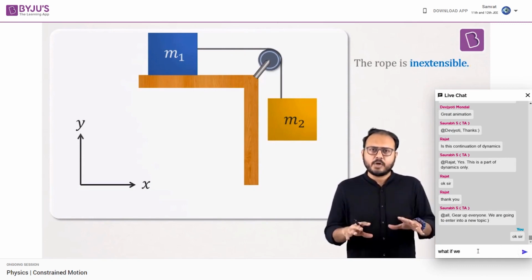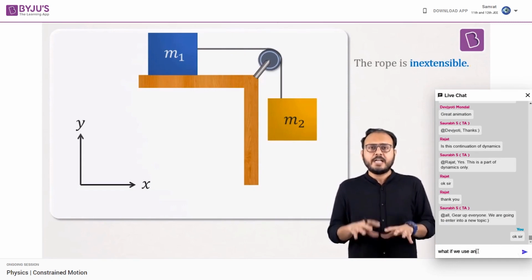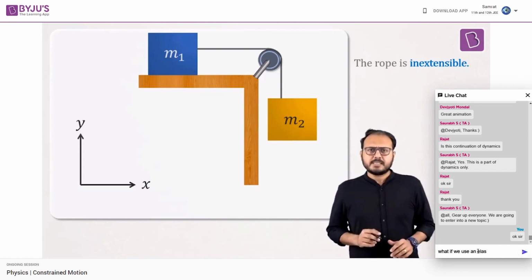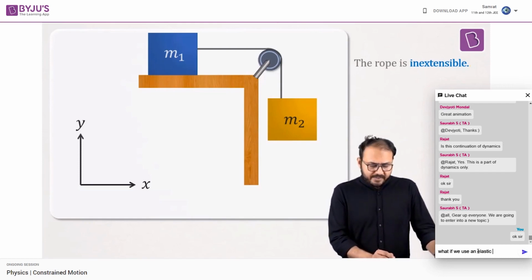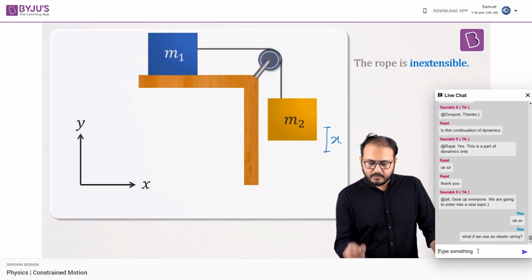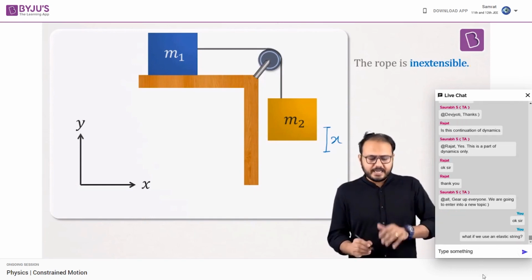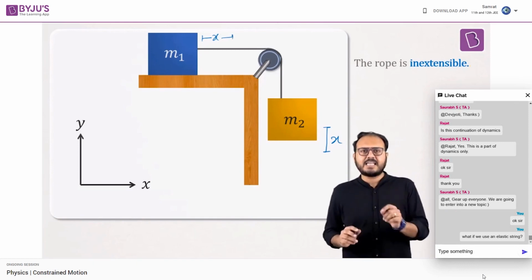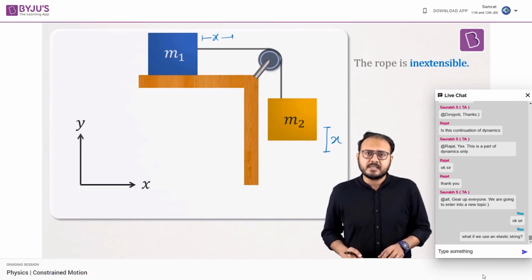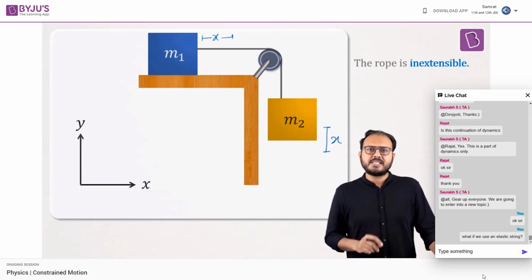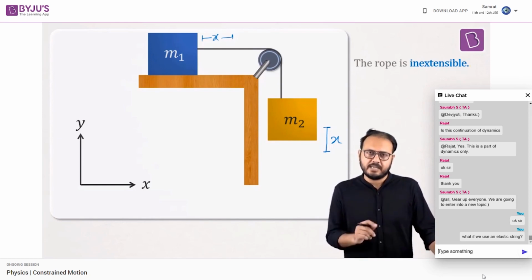Look at that scenario which I just showed you in a, let's say, problem context. You have two masses, M1 and M2. If the mass M2 falls down by an amount X, let's say, don't you think that M1 has to go right with the exact same amount X, because length of the rope cannot change owing to its inextensibility?